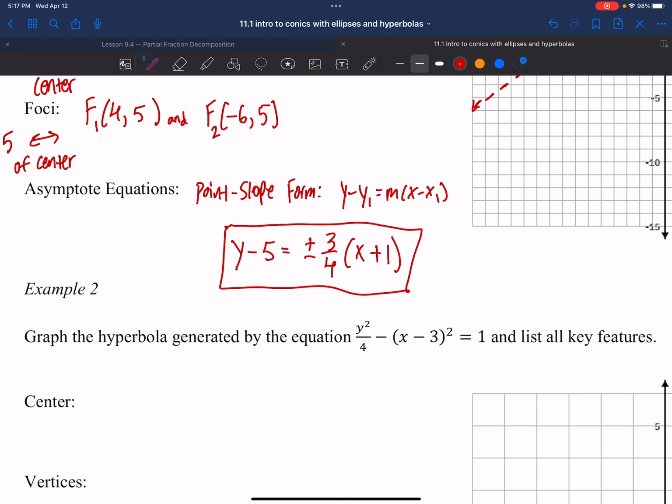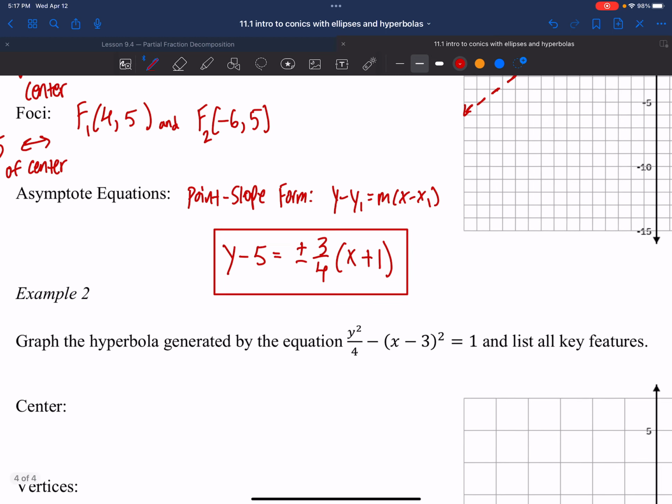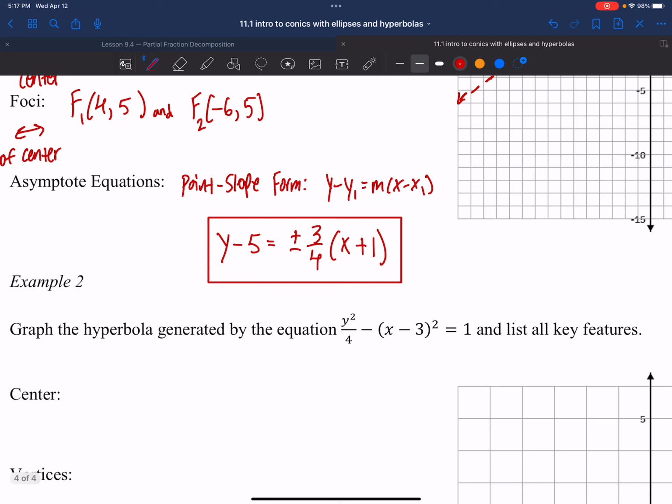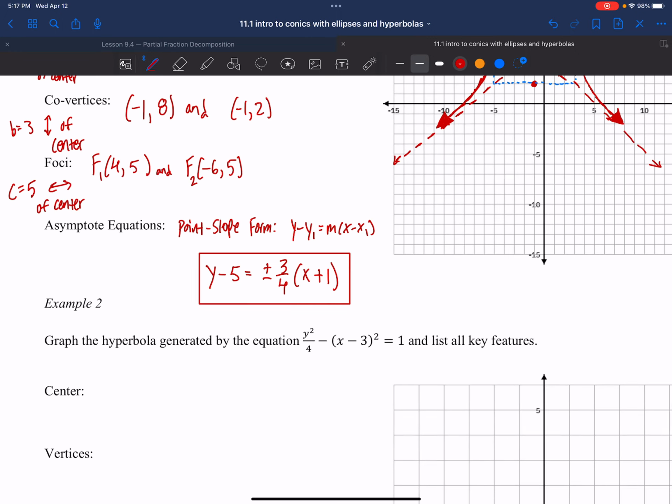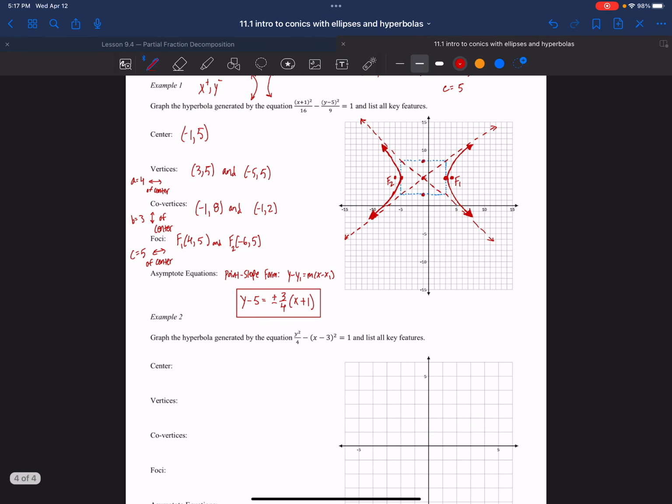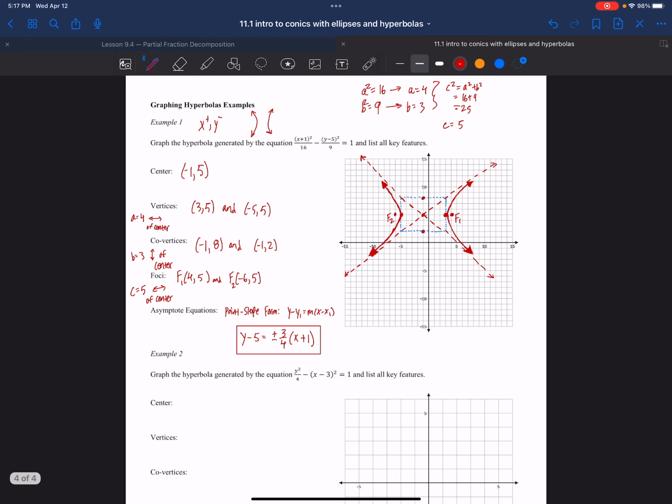And that, I think, is sufficient. Look, if you really want to solve for y, you can add 5 over, and if you want to distribute the 3/4, you can, but that's good enough for me, guys. It's fine. Leave it in point slope form. I don't mind, okay? It's good enough. And there you go. There's your hyperbola.